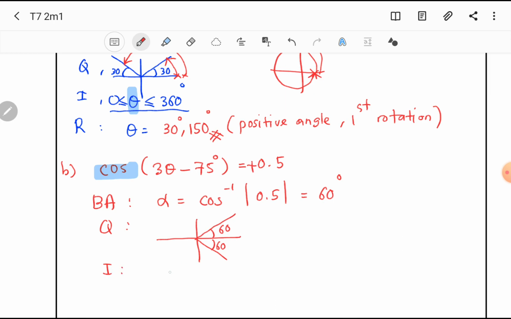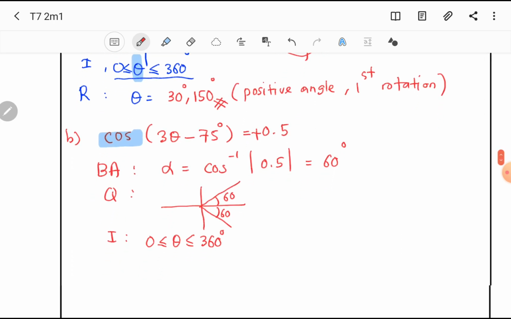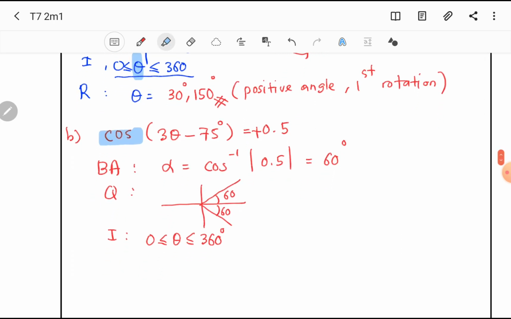Okay, so given interval for theta is from 0 to 360 degrees. But if you look at the question, the angle now is 3 theta minus 75 degrees.